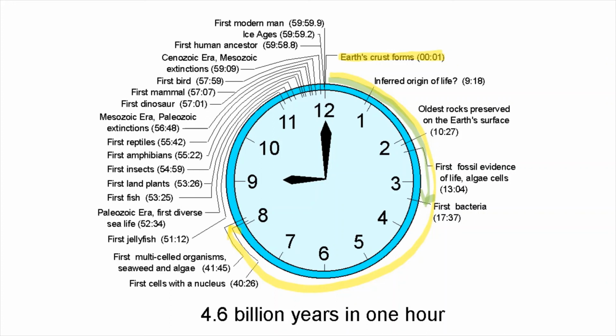Now, where did man appear? Well, if we look at that, modern man didn't appear until like 1/100th of a second ago. And if we look at when the dinosaurs were, the first dinosaur appeared 3 minutes ago. And the last dinosaur disappeared less than 1 minute ago.